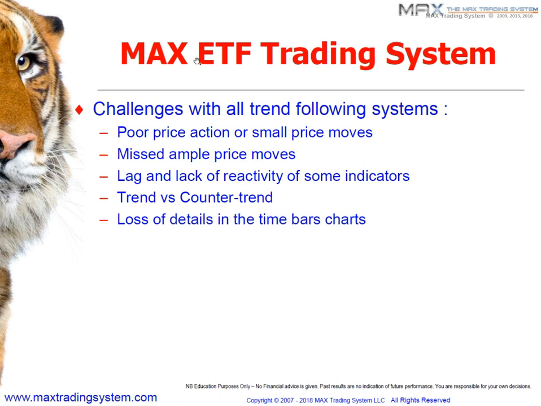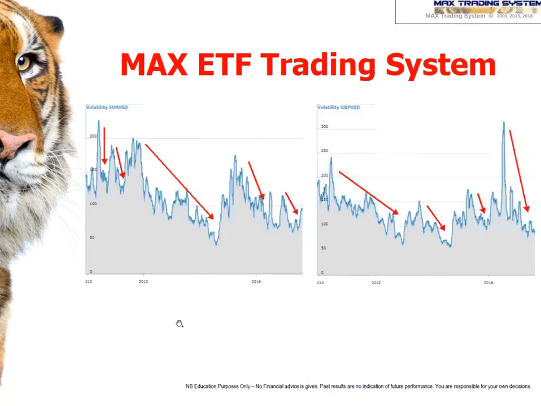And when we introduced the MAX ETF, the aim was to, in fact, solve all these problems at best, not necessarily in all the cases, but at best. And so, just to illustrate the loss of momentum these last years, I'm showing here two charts on the euro-US dollar and on the pound-US dollar, for example, over a period of 8 years, almost 9 years.